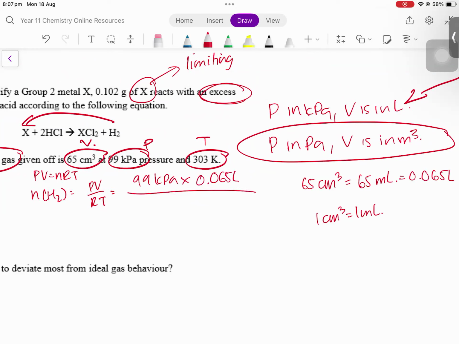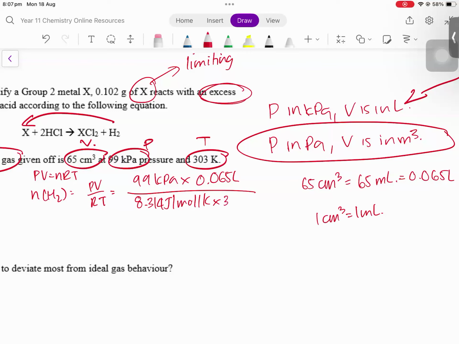0.065 liters. And then R is your ideal gas constant, which you either get given in the data sheet or you have memorized. What's the ideal gas constant? 8.314 joules per mole per Kelvin. And then temperature has to be in kelvins.